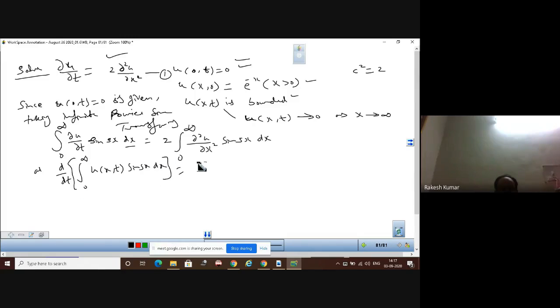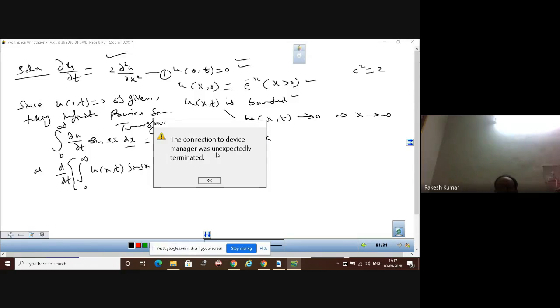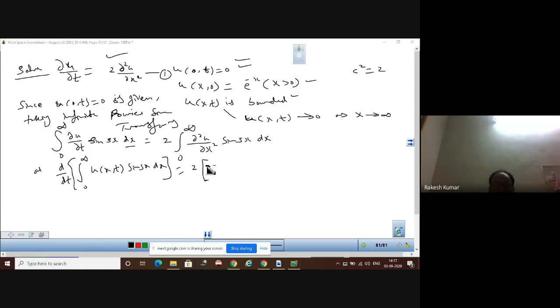You can always take the independent variable out, and on the right hand side we will integrate by parts, because this is the integration with respect to x, and this is also a function of x.